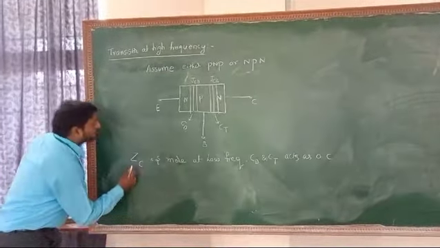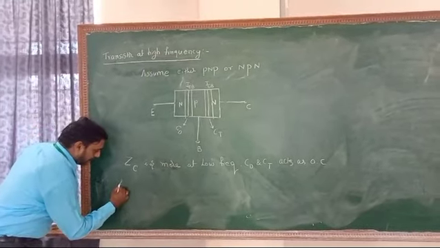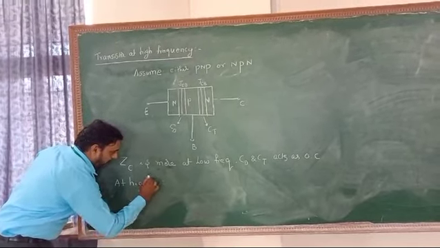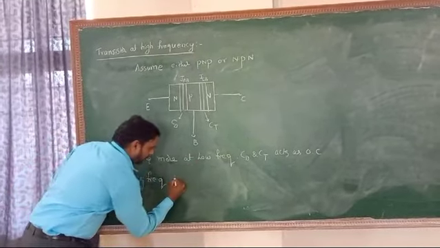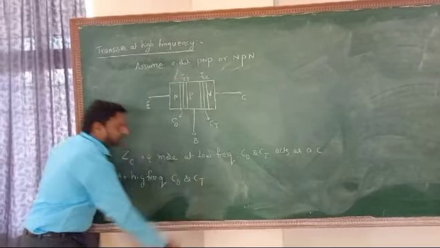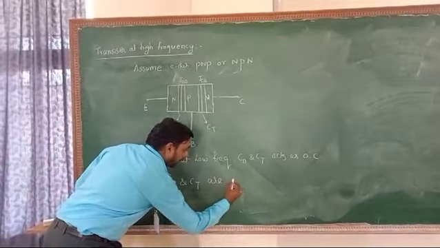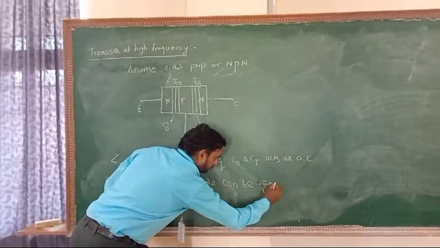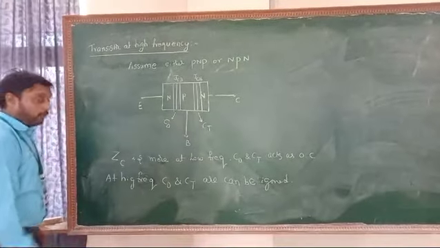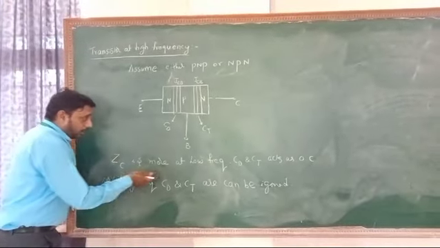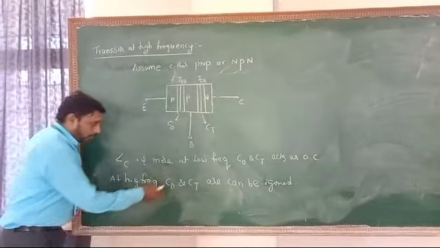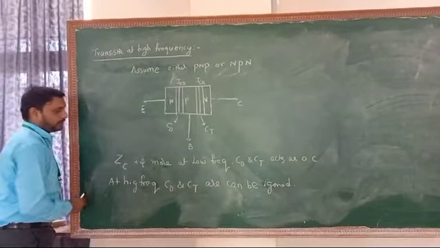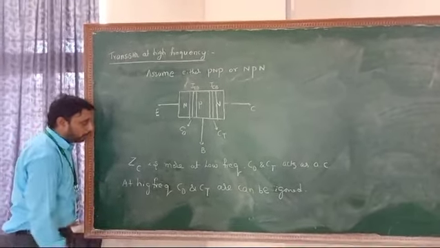So coming to the transistor at high frequency. At high frequency, both diffusion capacitance and transition capacitance cannot be ignored. Why? Because at high frequency, the capacitance offered is very high, so the reactance will be very less.